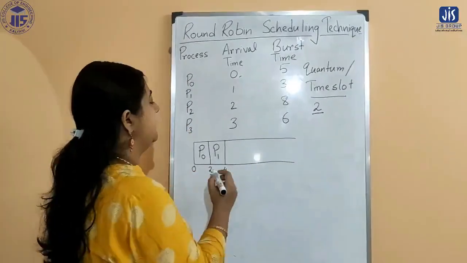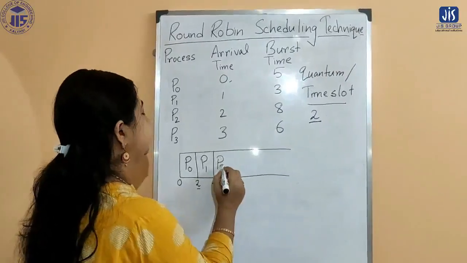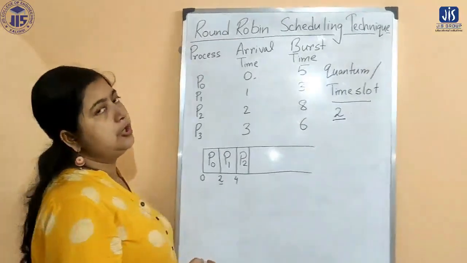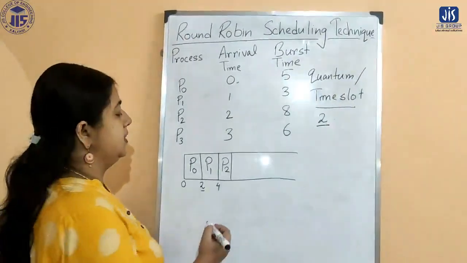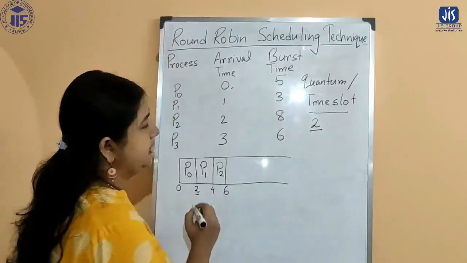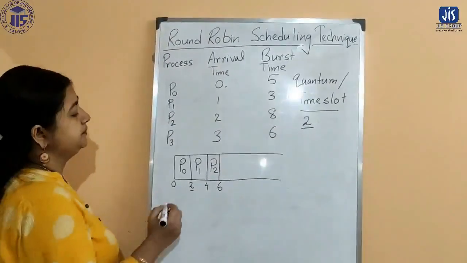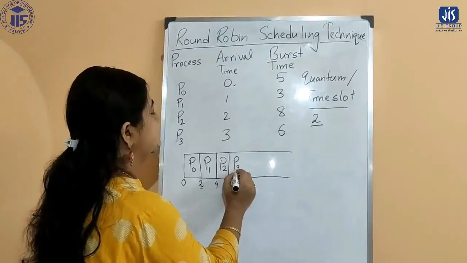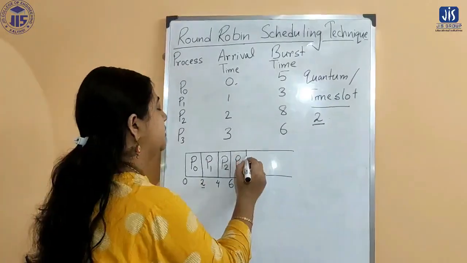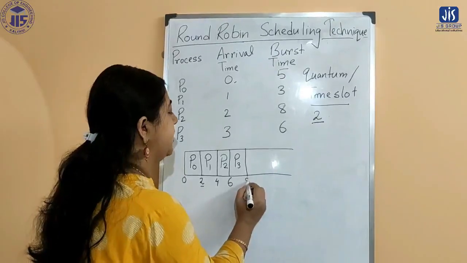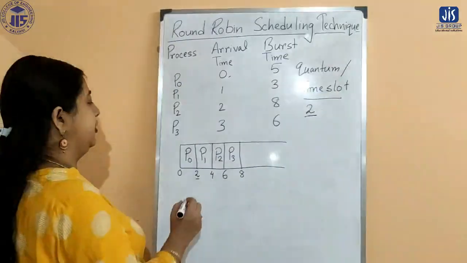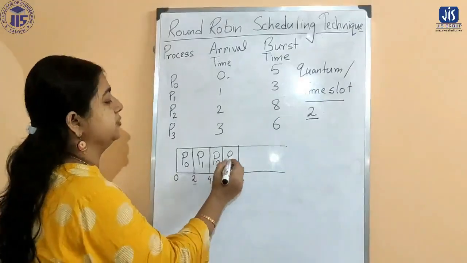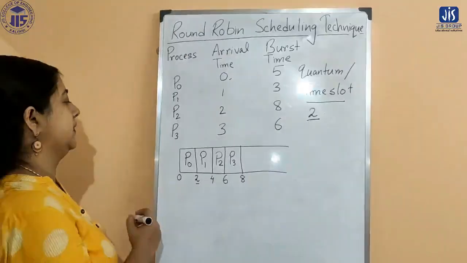Now we have P2. P2 also continues for 2 units of time, so it will complete at 6. After that we have P3, which will continue up to 8.